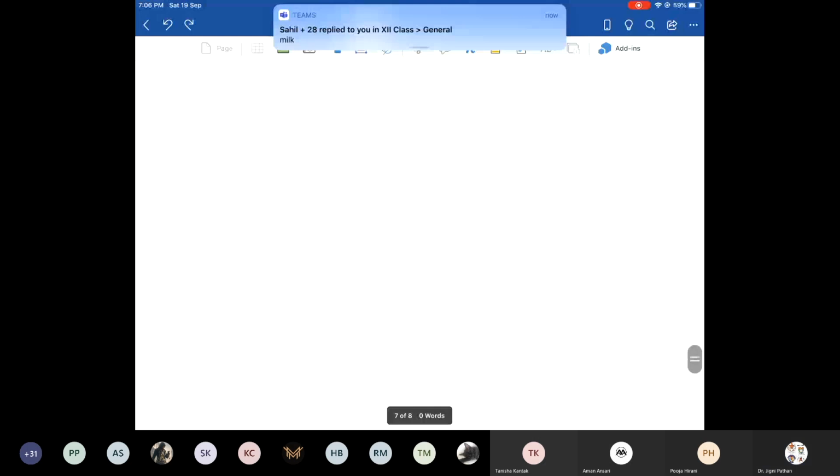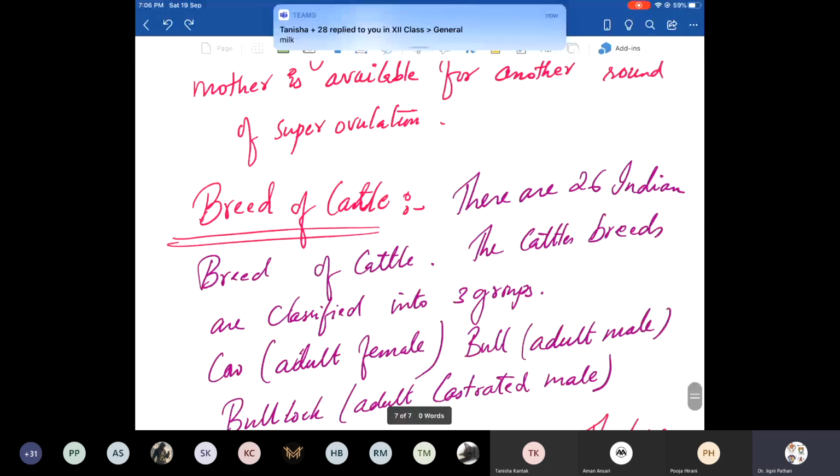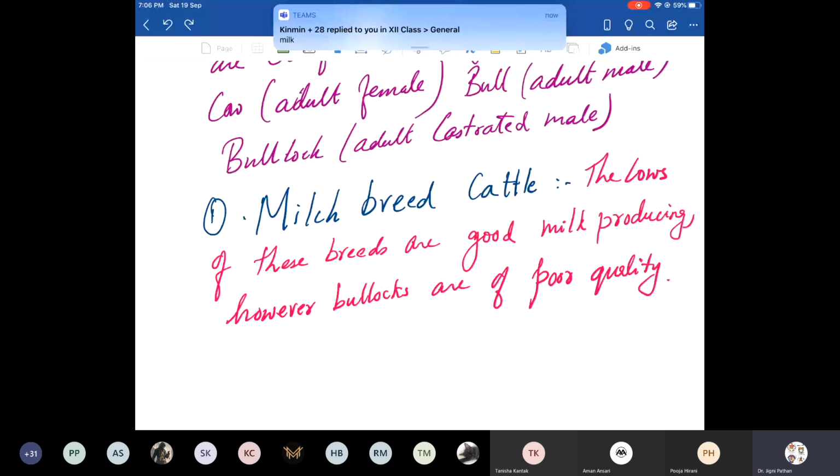Milk. So here the cows are good, but the bulls are of poor quality in this breed.